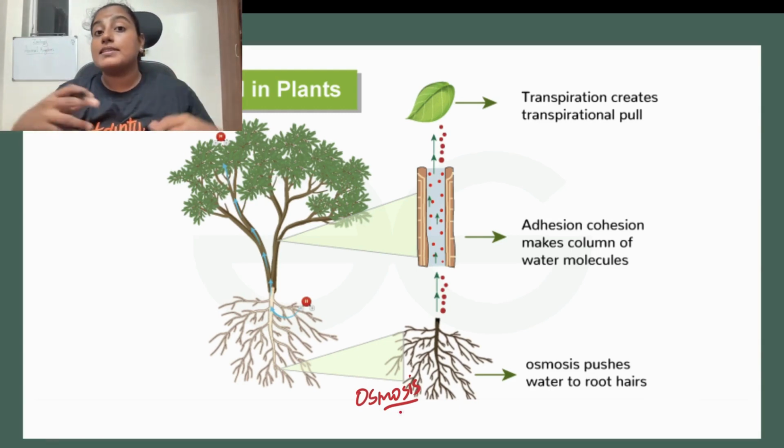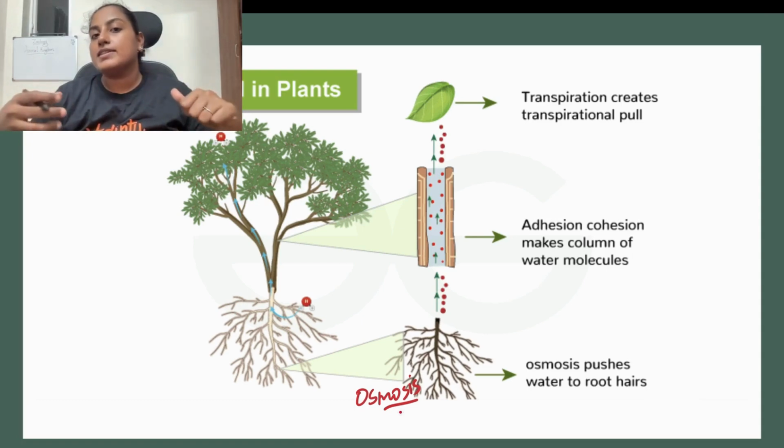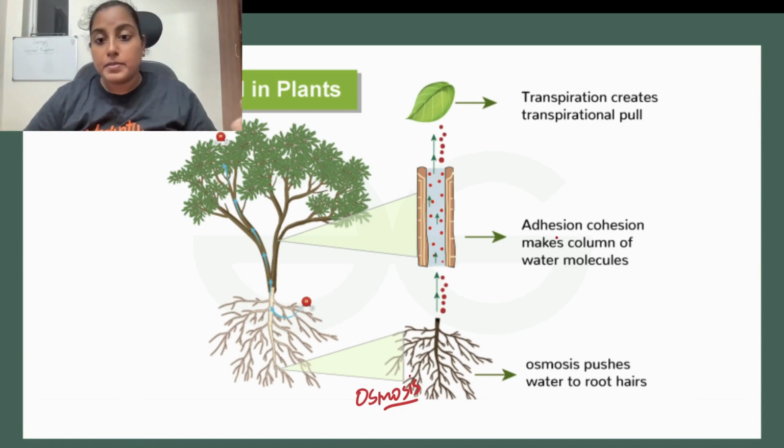Now, what happens is a suctional pull is created because of transpiration during the daytime since stomata are active. The water molecules, along with the minerals from the soil, will move in the upward direction. And two other forces play a major role: adhesion and cohesion. Now, what are adhesion and cohesion? Cohesion is nothing but the attraction between the water molecules, and adhesion is the attraction between water molecules and tissues of the plant.